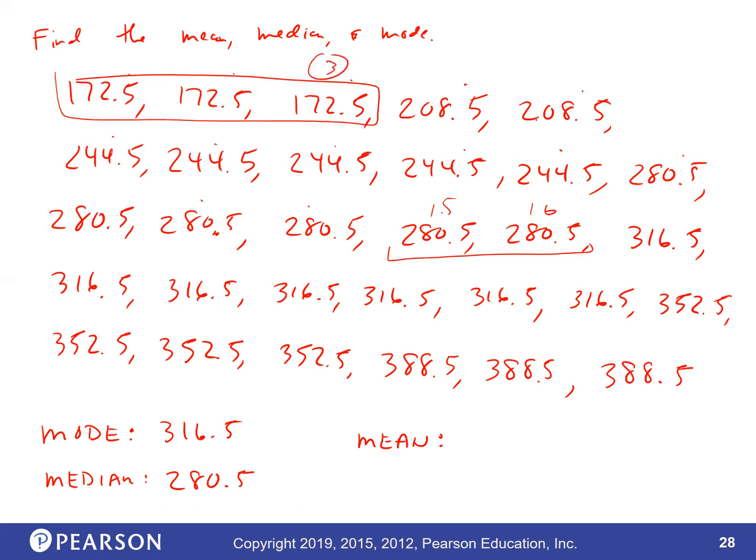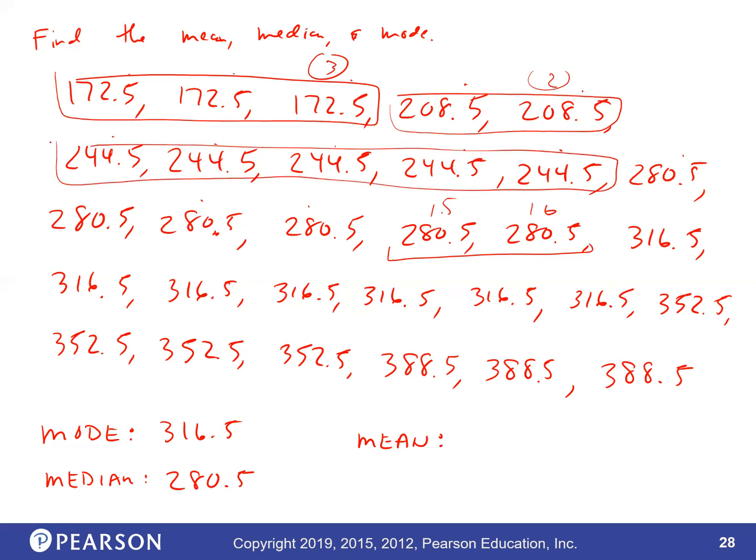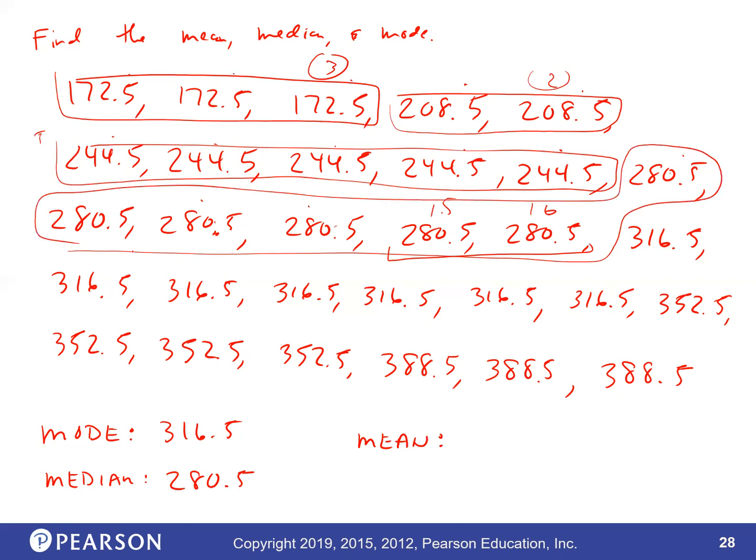Then we're going to do 208.5 times 2. We good there? 1, 2, 3, 4, 244.5 times 5. 1, 2, 3, 4, 5, 6. 280.5 times 1, 2, 3, 4 times 6. 1, 2, 3, 4, 5, 6, 7. 316.5 times 7.